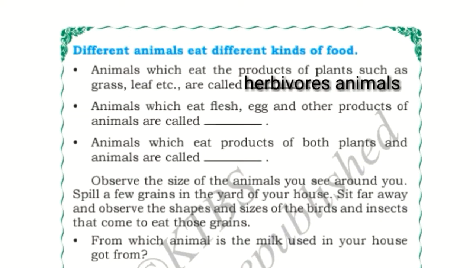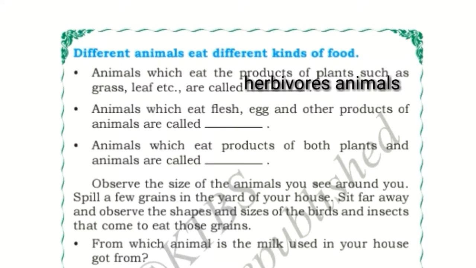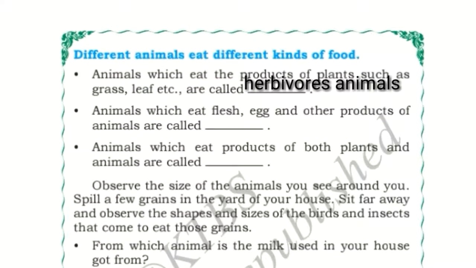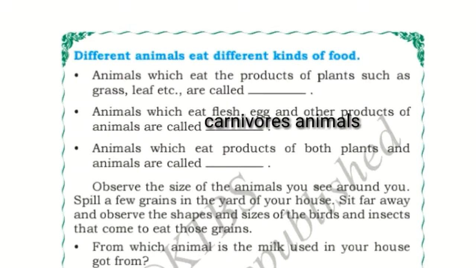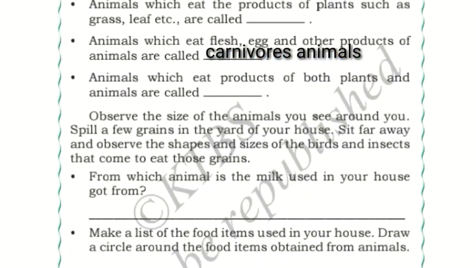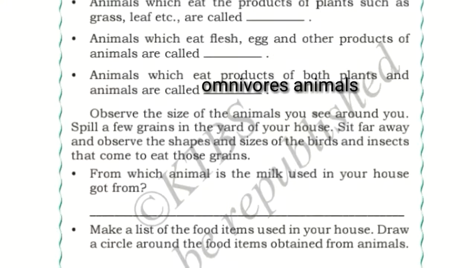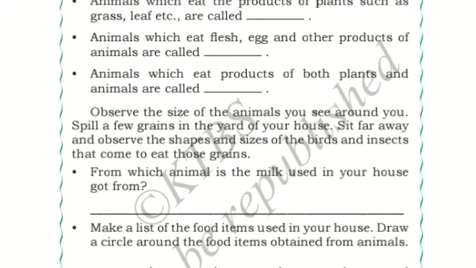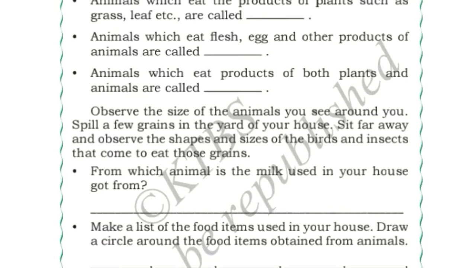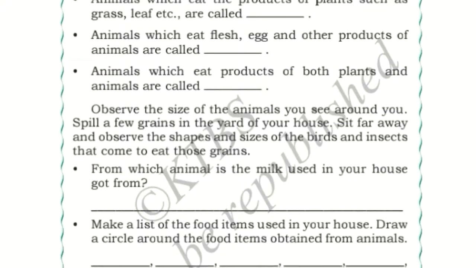Animals which eat herbs are called herbivorous animals. Animals which eat flesh, egg and other products of animals are called carnivorous animals. Animals which eat products of both plants and animals are called omnivorous animals. Based on the food the animals eat, they are classified into three groups: herbivorous, carnivorous and omnivorous.